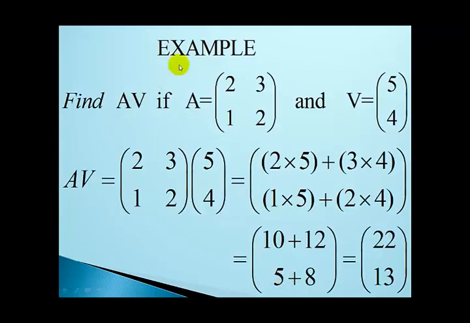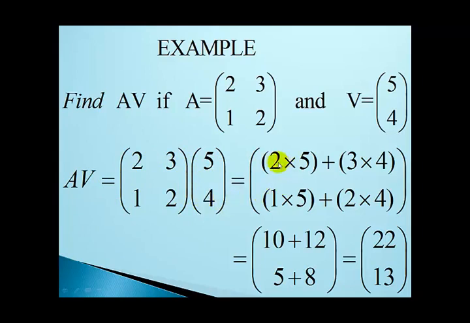Now, example: find AV if A equals [2, 3; 1, 2] and V equals [5; 4]. So AV will be equal to the matrix [2, 3; 1, 2] times [5; 4]. This is equal to 2 times 5 plus 3 times 4, and 1 times 5 plus 2 times 4.